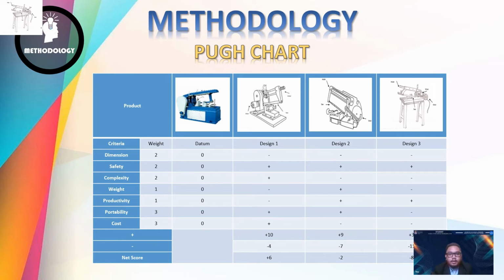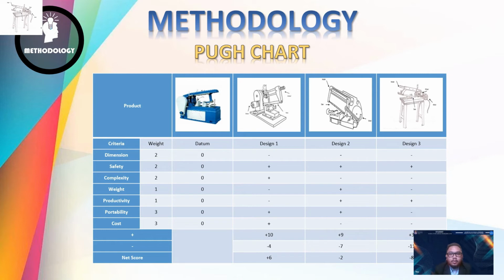Then rate how well each design meets each design criterion relative to the datum as a benchmark. As you can see, use a scale like negative, 0 to positive. Next, every design will be given marks following the criteria of the design.